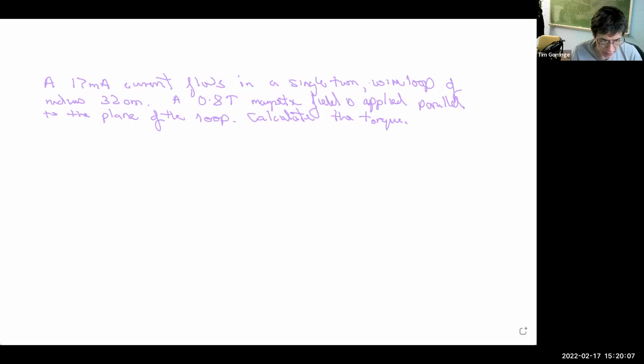The question says that there's a loop with a single turn, a circular loop with a radius of 32 centimeters. And that loop is carrying a current of 17 milliamps. So that's all the details on the loop.